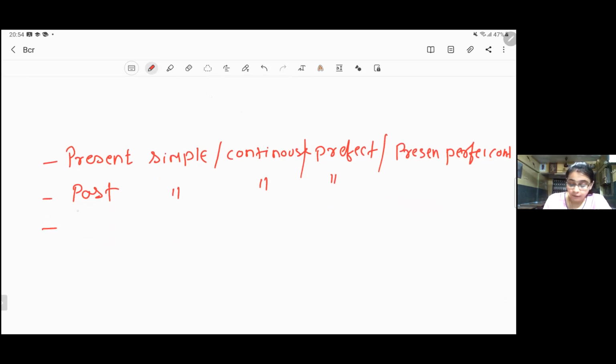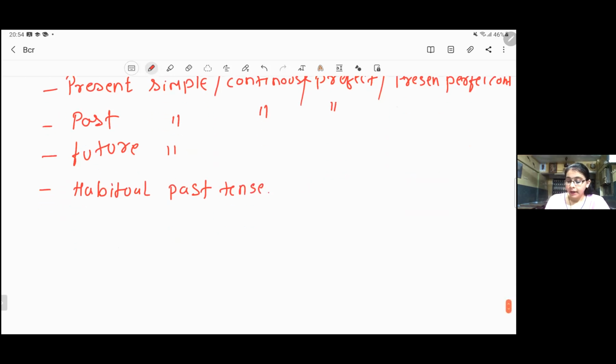Next, you will write future, only simple. And last, that is habitual past tense.